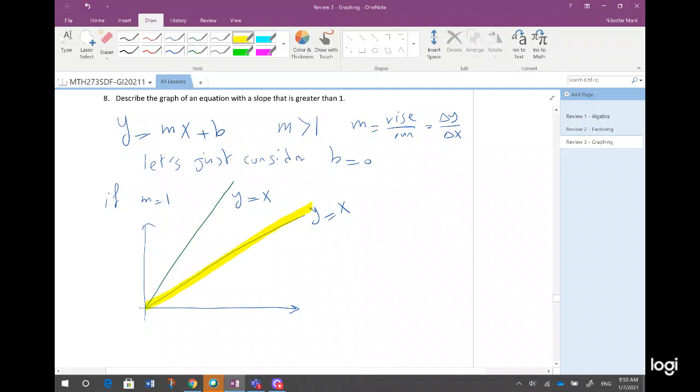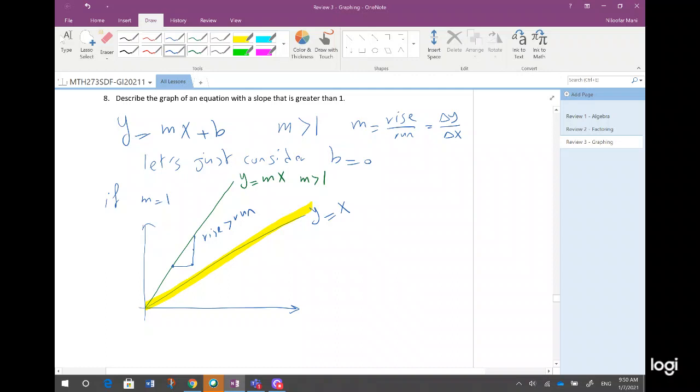This one is y equals mx and m is more than 1. Look at this, for example: you start here, you go 1 unit to the right, but you can see you go 2 units up. More up, so rise is more than run.